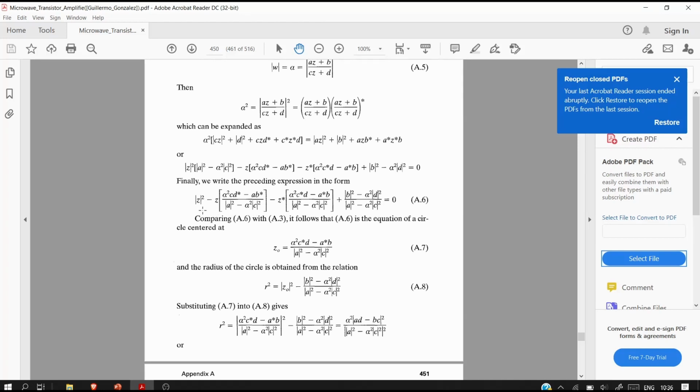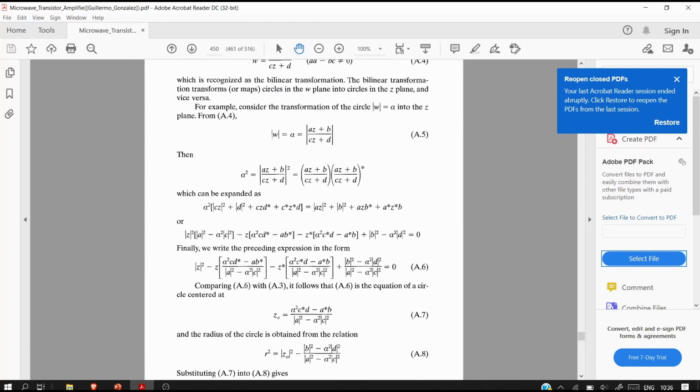From this you can easily see this is your Z0, or this is your center. So this is my Z0. And for R, if you know your Z0, then you can easily find your R square using this equation. So this is your R, or this is your radius. Everything we are getting here is in terms of alpha, A, B, C and D. Perfect.